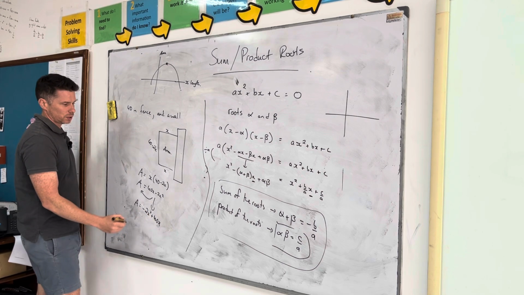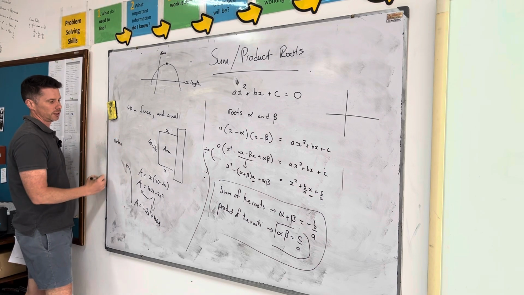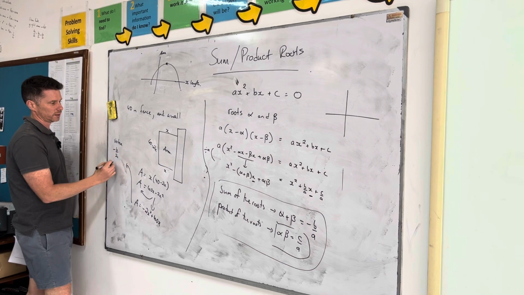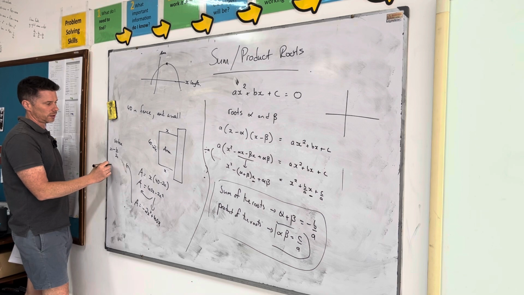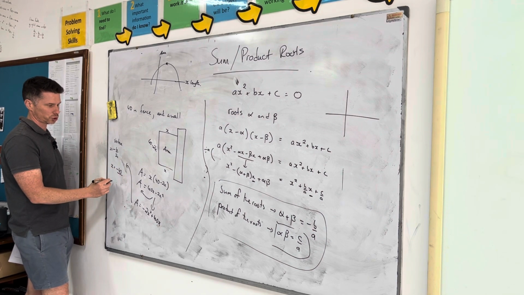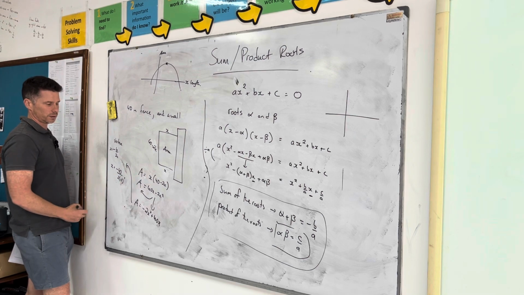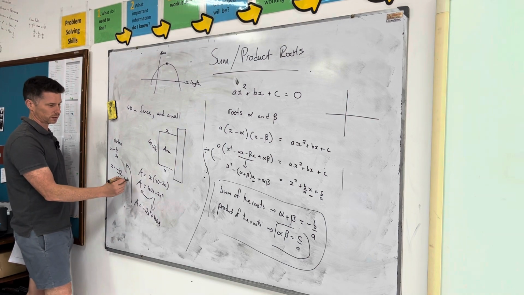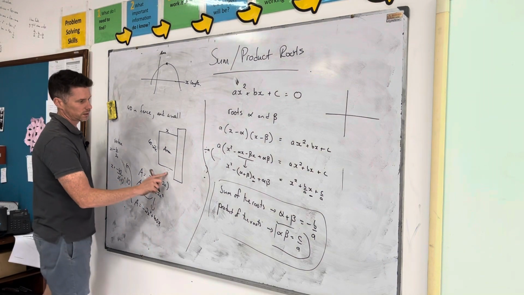So if I use the vertex form, the axis of symmetry is minus b over 2a. The x will be minus b, which is minus 40, over 2 times negative 2. So that's 10. So you were right when you said 10 and 20. Who said 10 and 20? Joshua. Yes, 10 and 20.